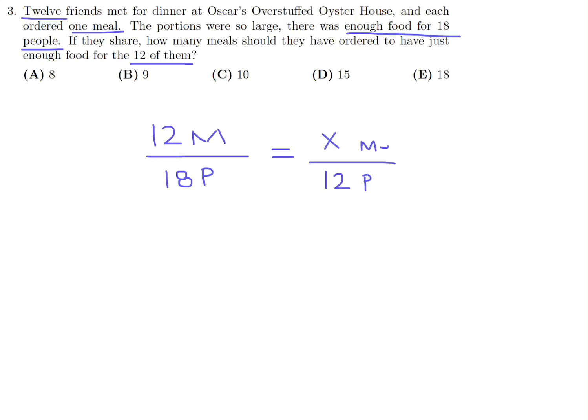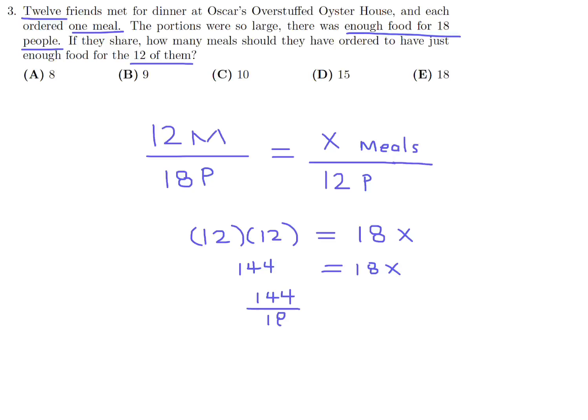So, how many meals? All right, no problem. This is yet one of those relationship cross-multiply questions. So cross multiply, you get 12 times 12 is equal to 18x. 12 times 12 is 144, so 18x. And then 144 divided by 18 is equal to x.